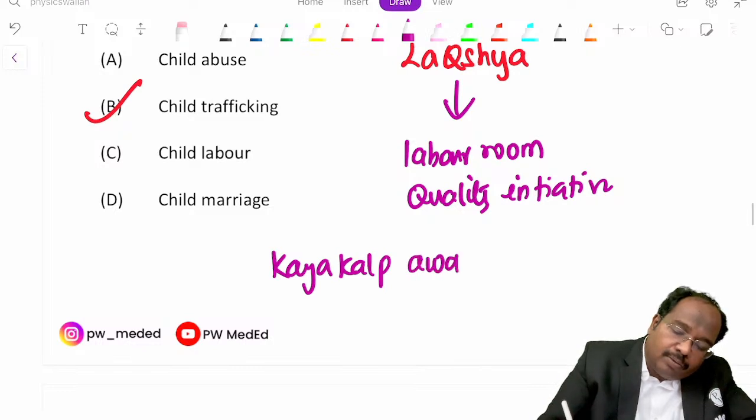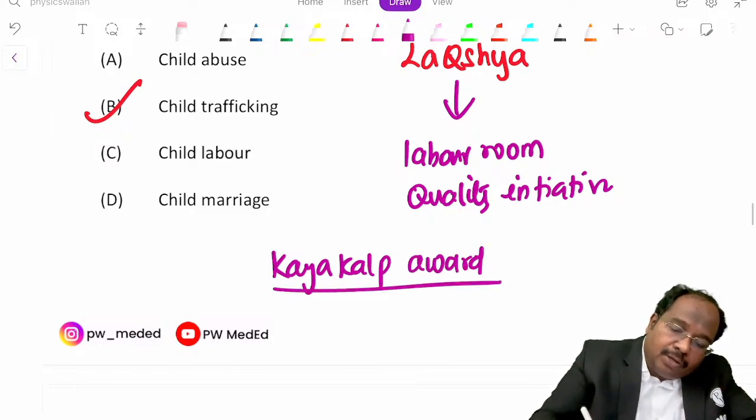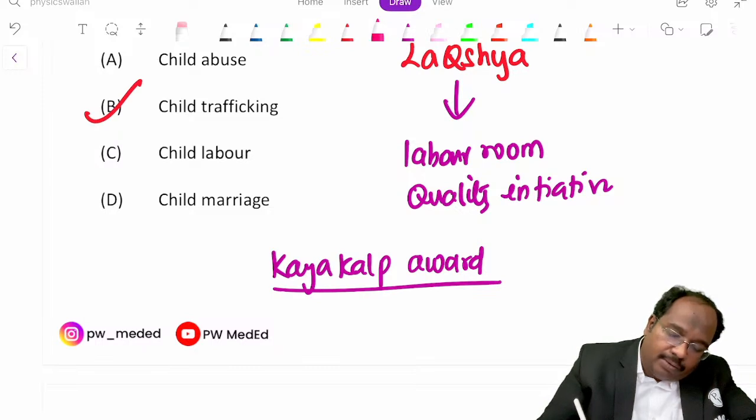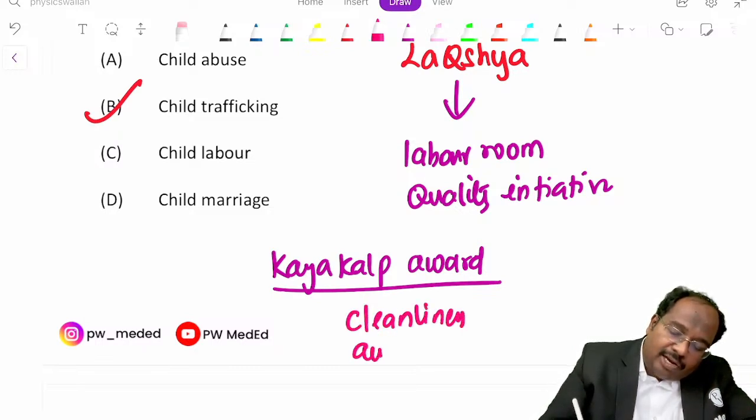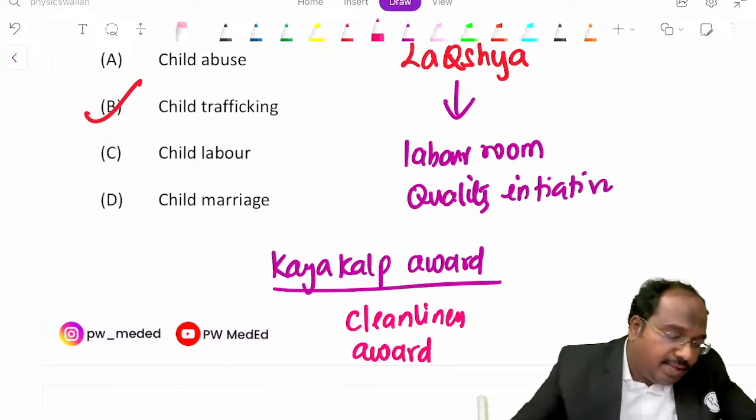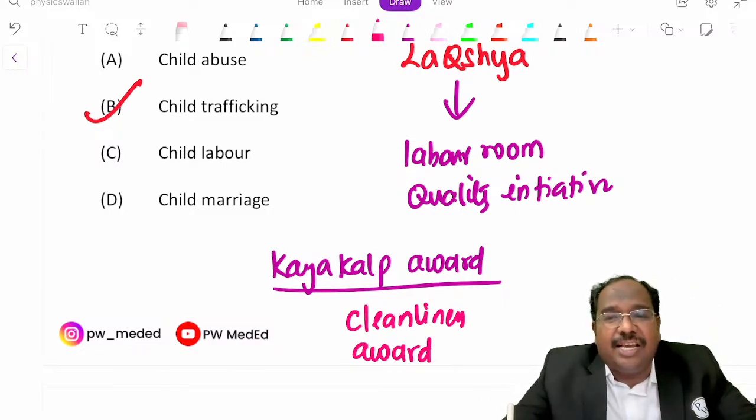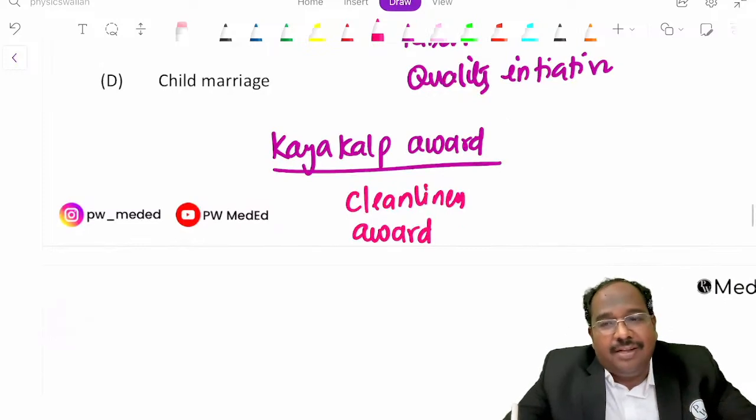The Kayakalp award is the cleanliness award, for PHCs, CHCs and all. TB is Nikshay, that is different.